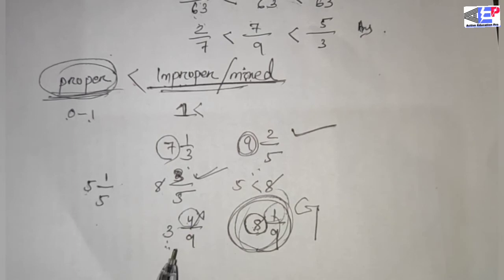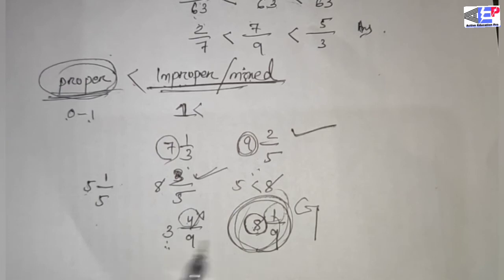It is not possible to have a whole part with an improper fraction. A mixed fraction is always a mixture of a whole and a proper fraction. So at the time of comparison of mixed fractions, don't compare the numerator first; first compare the whole part value, then you can tick the greater one.